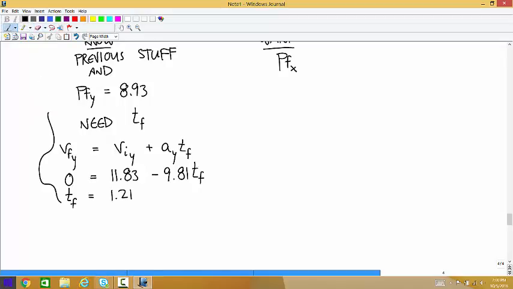And so now that's one more thing we know. And now we can go to this equation. PFX is equal to PIX plus VIX TF plus 1/2 AX TF squared.